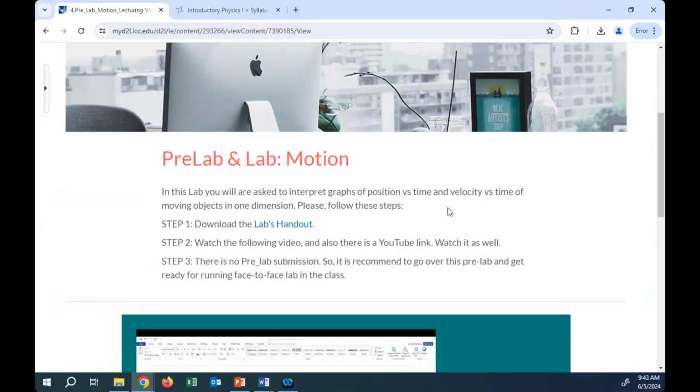It's not homework. If you would like to get your lab done as soon as possible when you are in the class, it's highly recommended to review the pre-lab, because the pre-lab is the online version of the real lab in the class. You can complete the pre-lab, or if you didn't have time, I have recorded a couple-of-minute video.